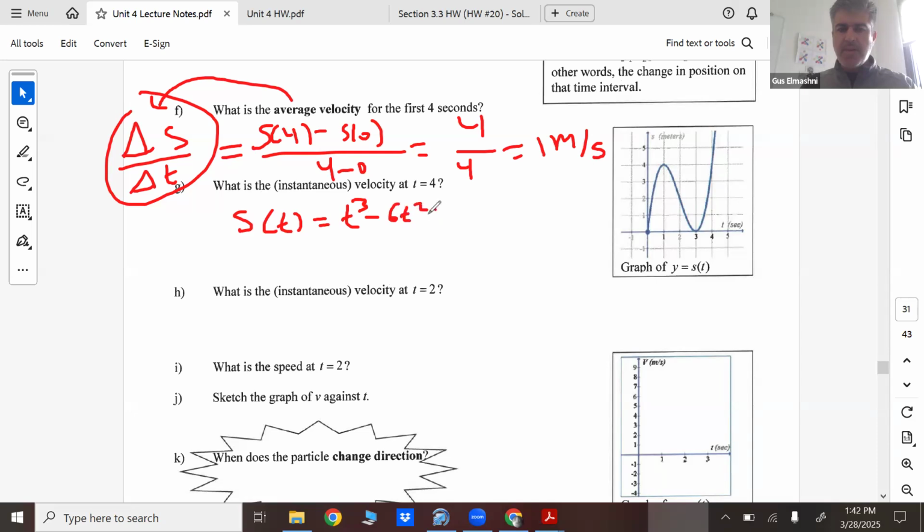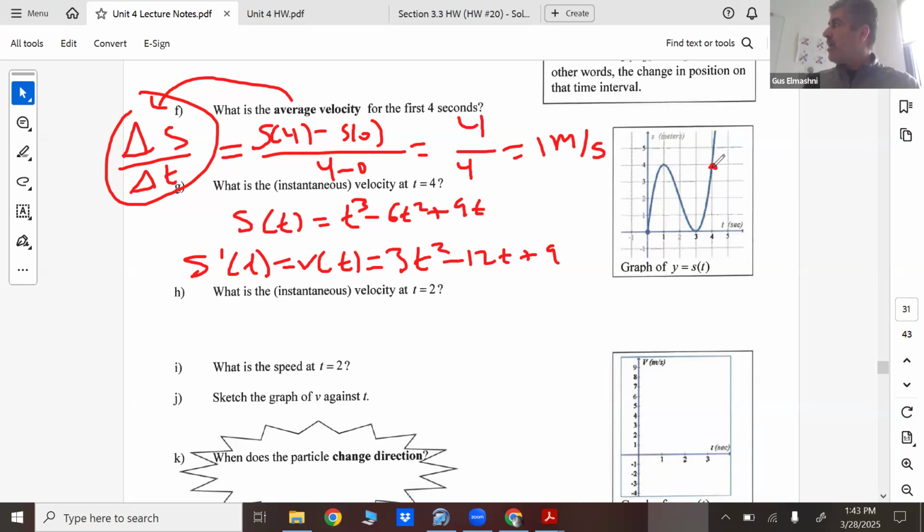Okay. So if I do s prime of t, which is same as v of t, what's that going to be? Perfect. Now let's actually plug in 4. And by the way, before I do it, take a look at 4. If you drew a slope at 4, is that pretty steep? Yeah. I expect a definitely positive number, a number that's fairly large.